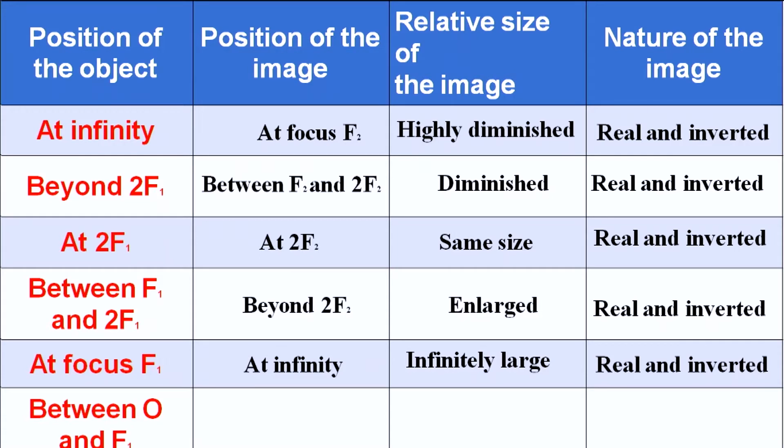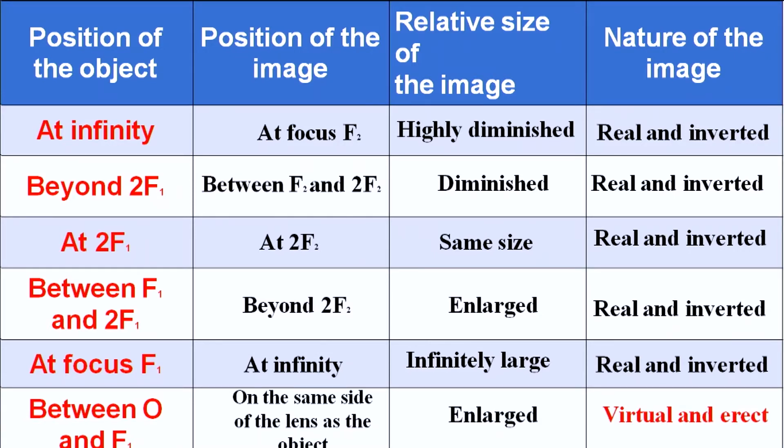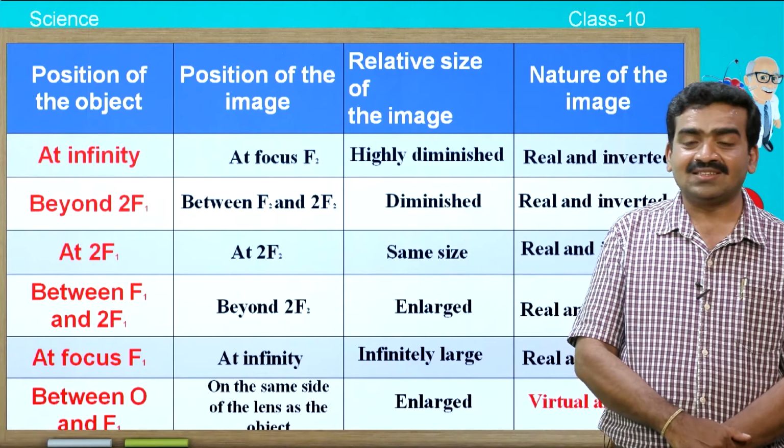Then what happens when the object is placed between f1 and O, the optic center? The image is formed on the same side of the lens, and the image is enlarged.